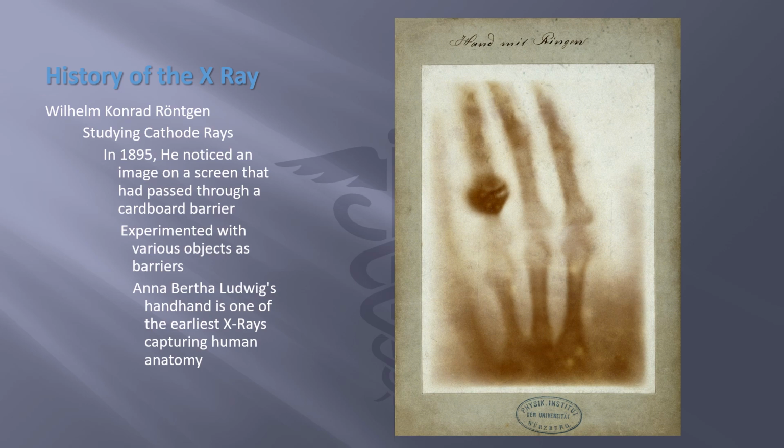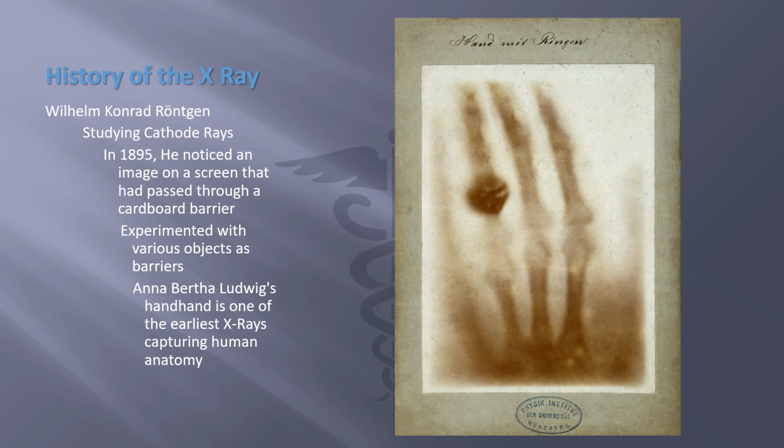They noticed that when they applied radiation from this cathode ray, a shadow of an image would pass through different barriers such as paper, cardboard, or even wood, and be projected past these barriers. They experimented with different objects, including a deck of cards and books.